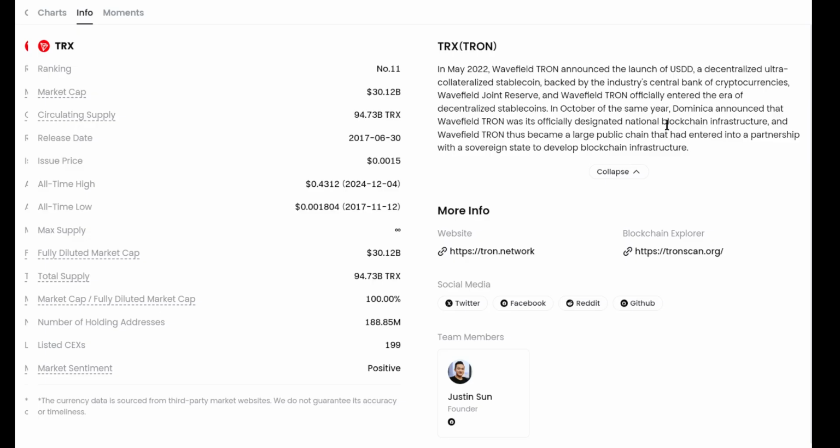In October of same year, Dominica announced that Wavefield Tron was its officially designated national blockchain infrastructure, and Wavefield Tron thus became a large public chain that had entered into a partnership with the sovereign state to develop blockchain infrastructure.